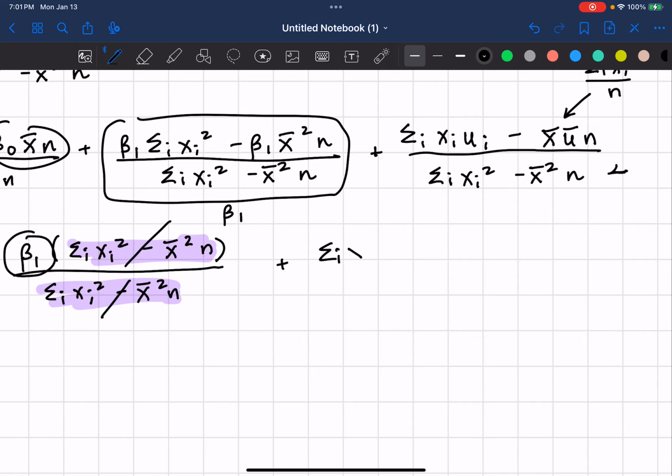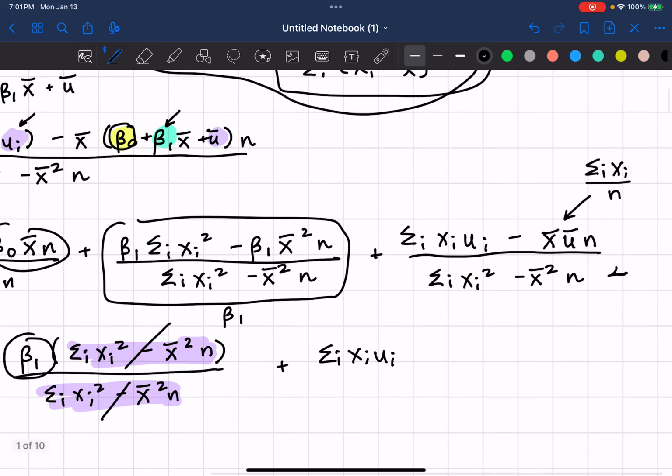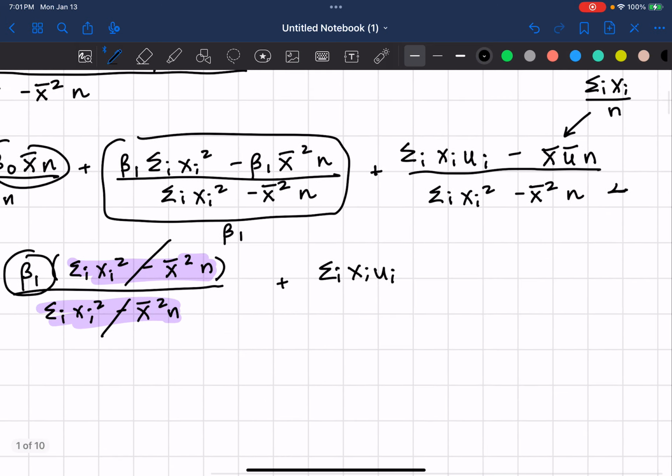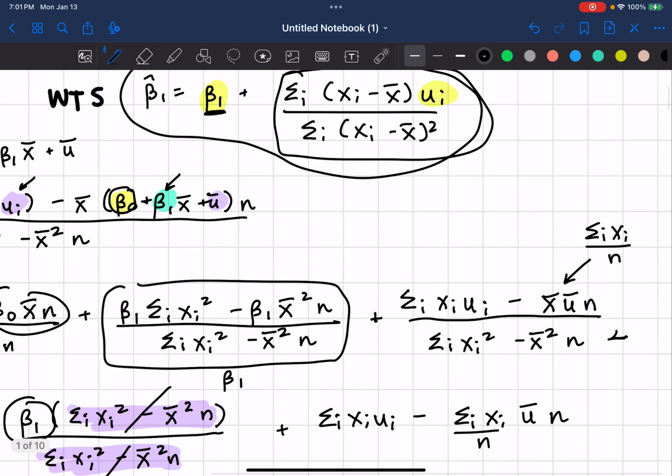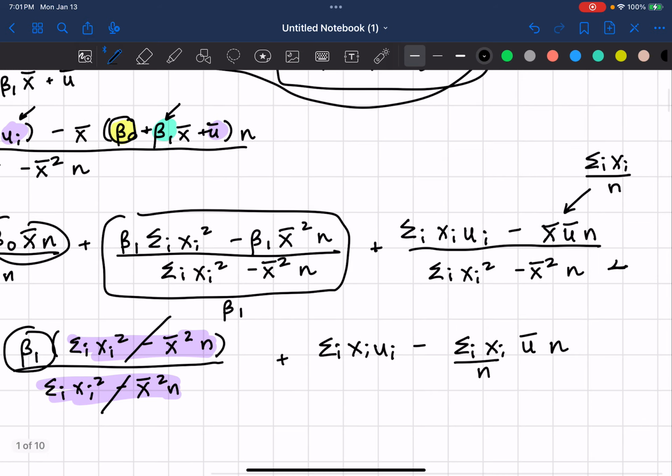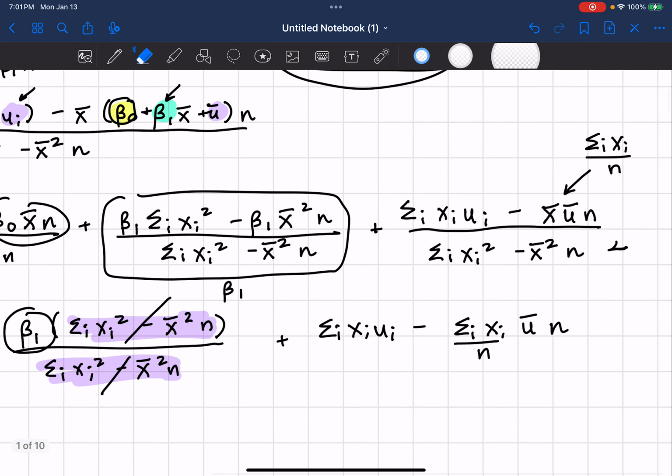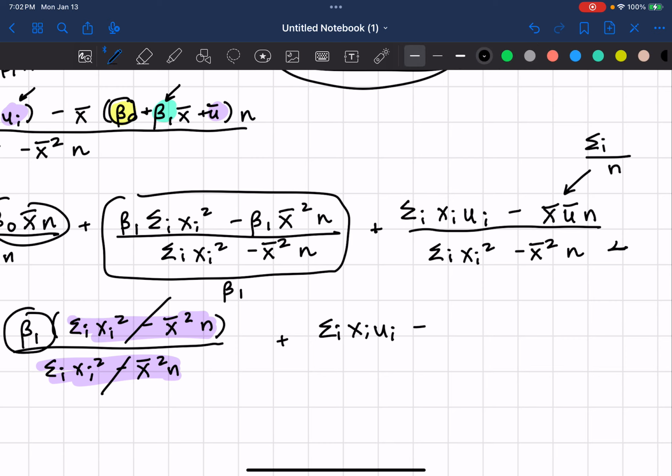Sum I xi ui minus sum I xi over n times u bar n. Oh, I did the wrong thing. Actually, I want this to be talking about u bar.